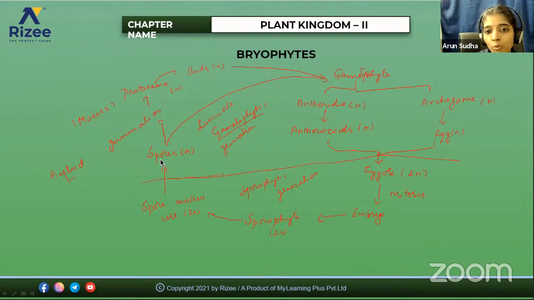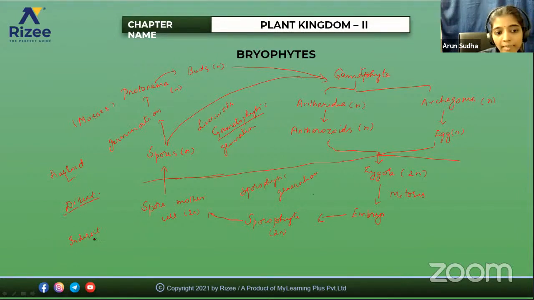And these spores may grow directly into a gametophytic plant, or the spores form the gametophytic plant indirectly through the formation of Protonema. So there are two types here. In the case of liverworts, it is direct, and in the case of mosses, we can call it indirect.